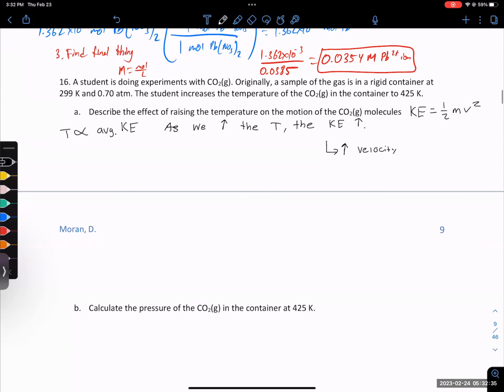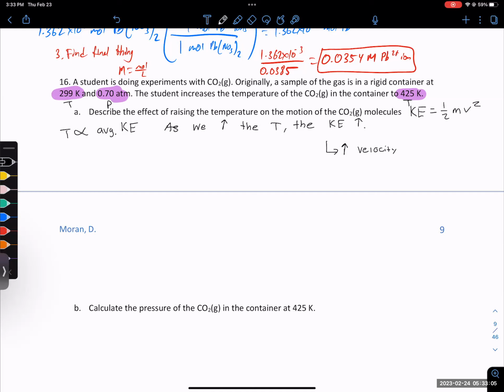Calculate the pressure of the gas in the container at 425 Kelvin. All right, so we're only given what variables? T and P. So we're given a before and after of temperature.